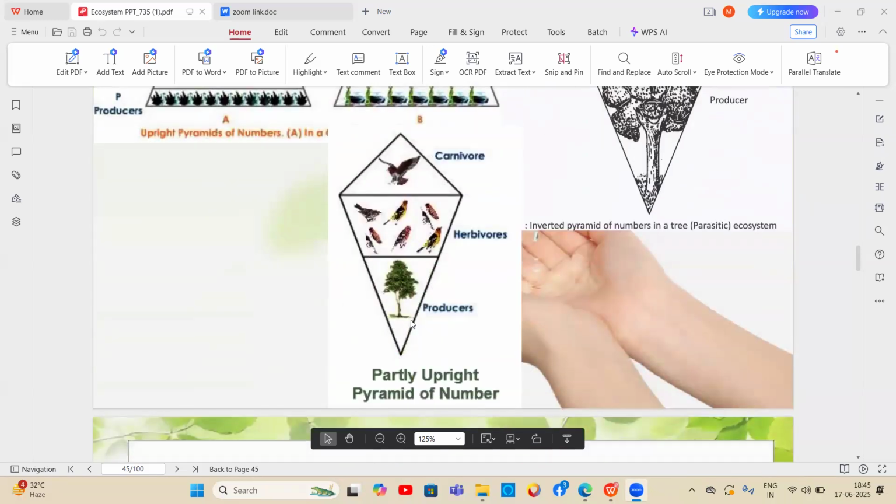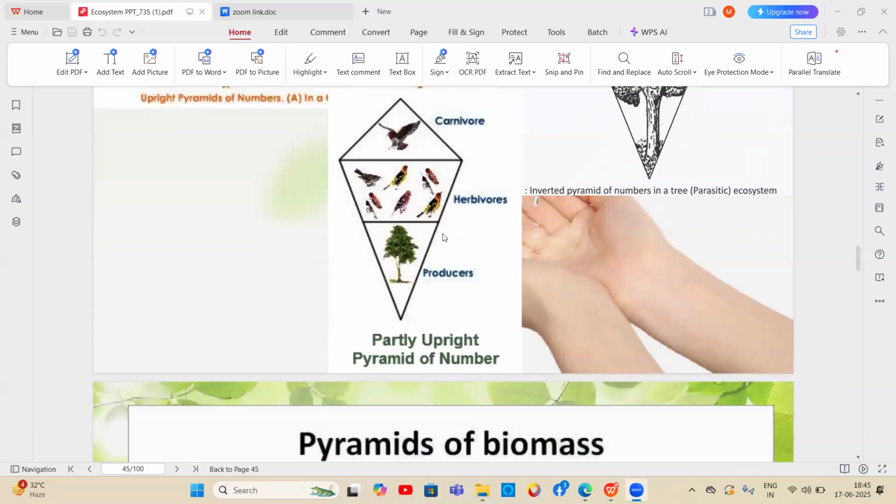Whereas in the forest ecosystem, on the producers there are more herbivores, for example birds, compared to the carnivores. Due to this, a spindle shaped pyramid of number can be observed in the forest ecosystem.